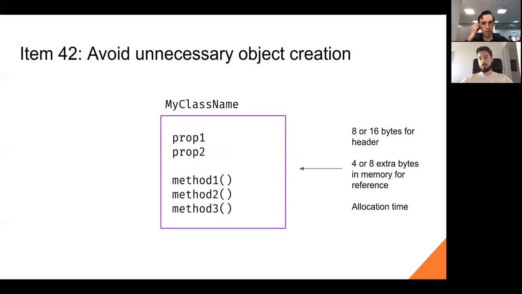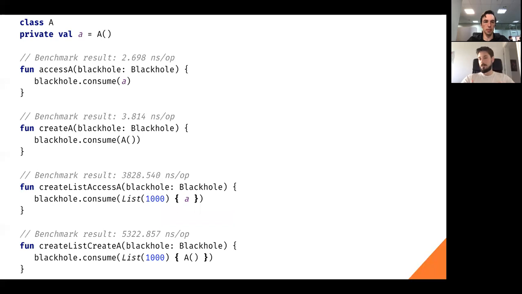Whenever we reference an object, we need to store this reference somewhere. So it's 4 or 8 bytes for a memory reference, depending on if you use a 32-bit or 64-bit system. And finally, there is some allocation time. So an object needs to be created, stored, registered, cleaned up. Those are very small costs, but how small exactly?